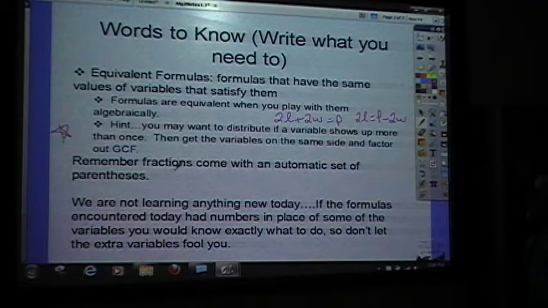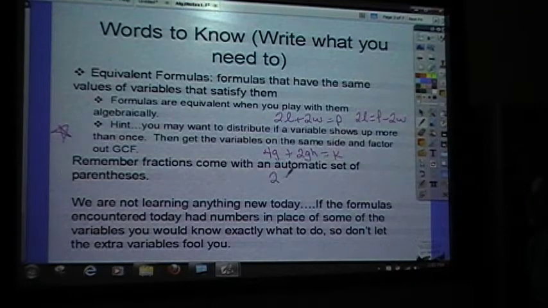You may want to distribute if a variable shows up more than once. Then after you distribute, you might want to get the variables on the same side and then factor out a GCF. If you remember how to factor out a GCF, if we have like 4G plus 2GH equals K, you can factor out, oh, they both have a G here.